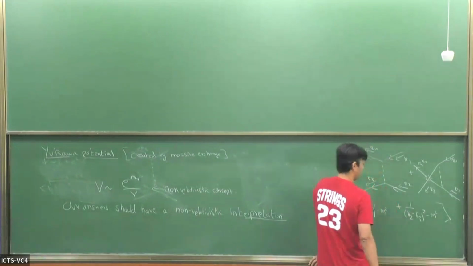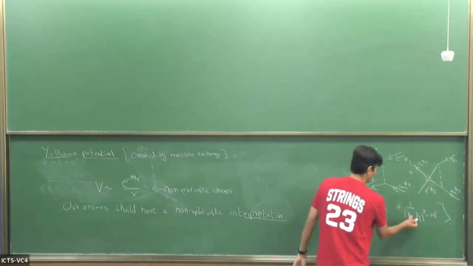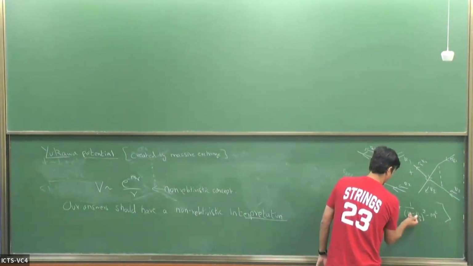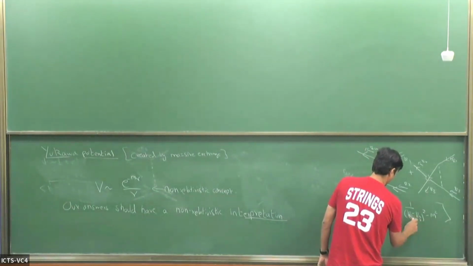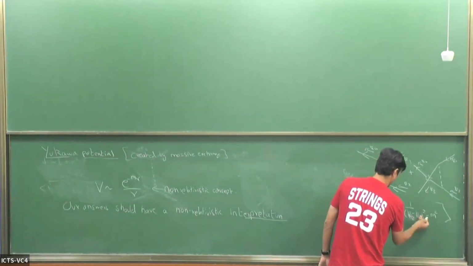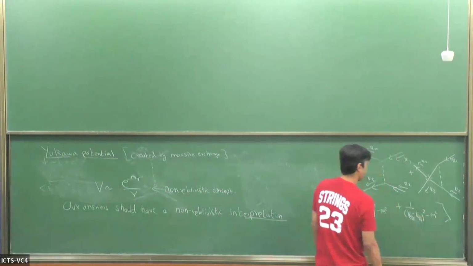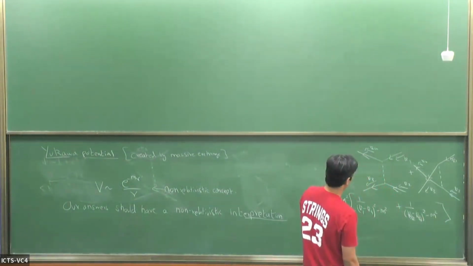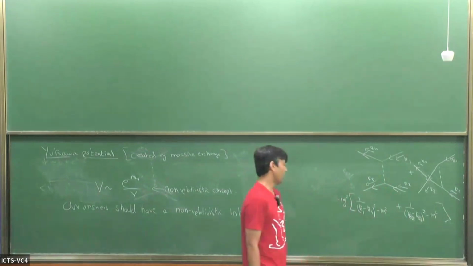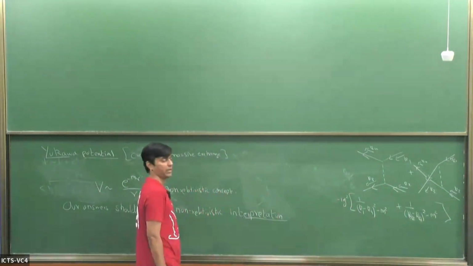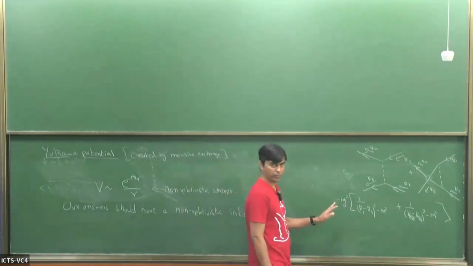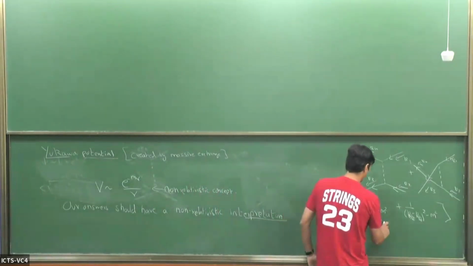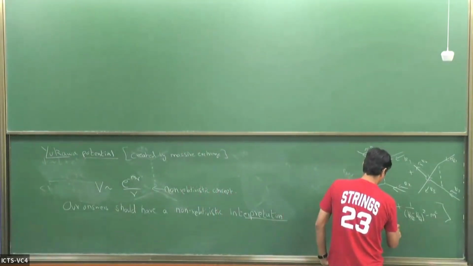Doesn't matter. That's right. K2 minus K4 square. Okay. So this is the answer that we found for the amplitude, and then there was a 2 pi to the 4 delta 4.